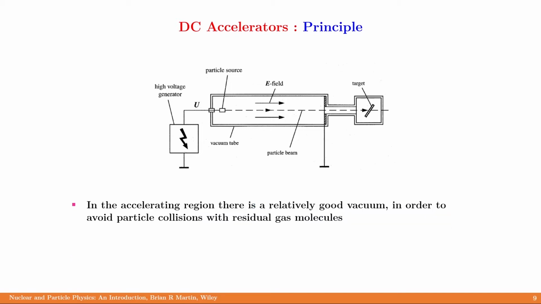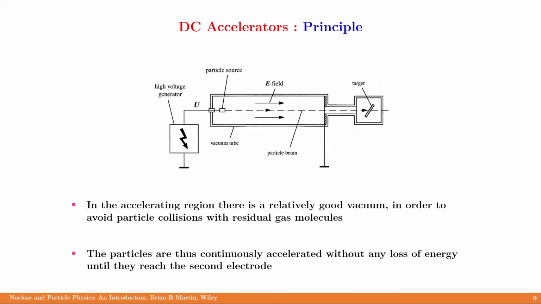In the accelerating region, there is a relatively good vacuum in order to avoid particle collisions with residual gas molecules. The particles are thus continuously accelerated without any loss of energy until they reach the second electrode.